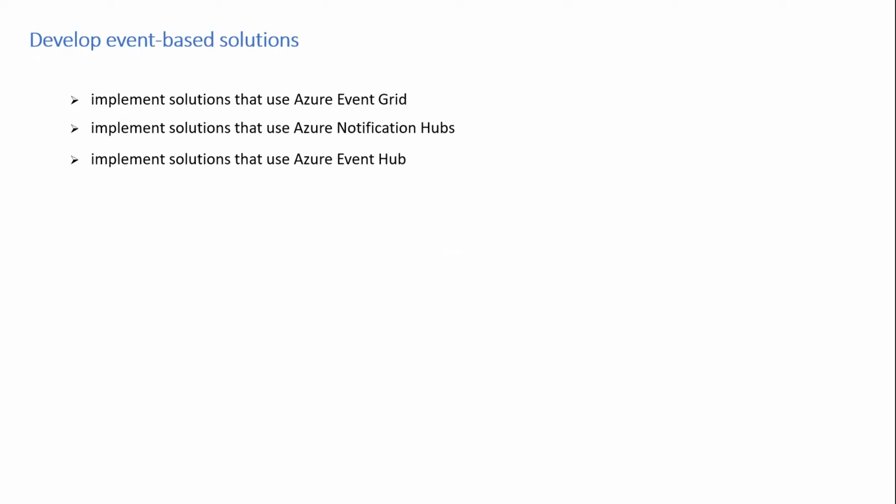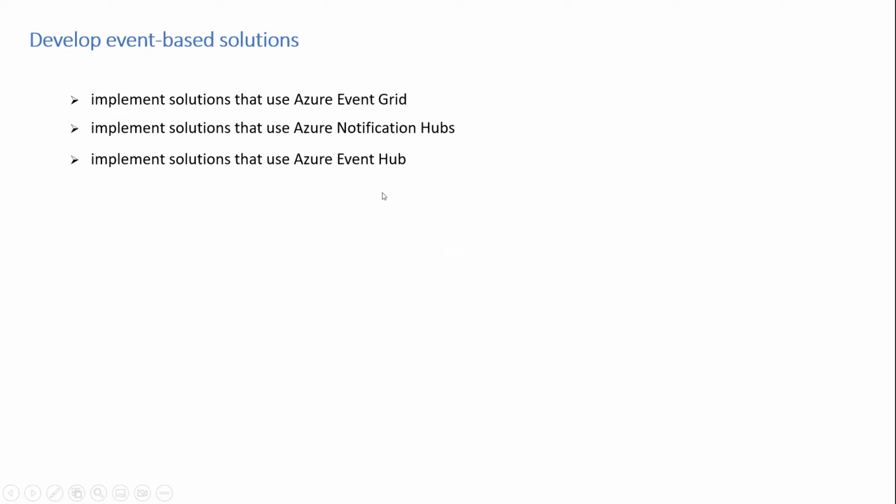That type of events. If you click a function, that is also an event. And if you want to do something with that event, some business logic you need to implement, then these are the solutions provided by Azure: Event Grid, Event Hub, Notification Hubs. So these are the things we are going to learn.